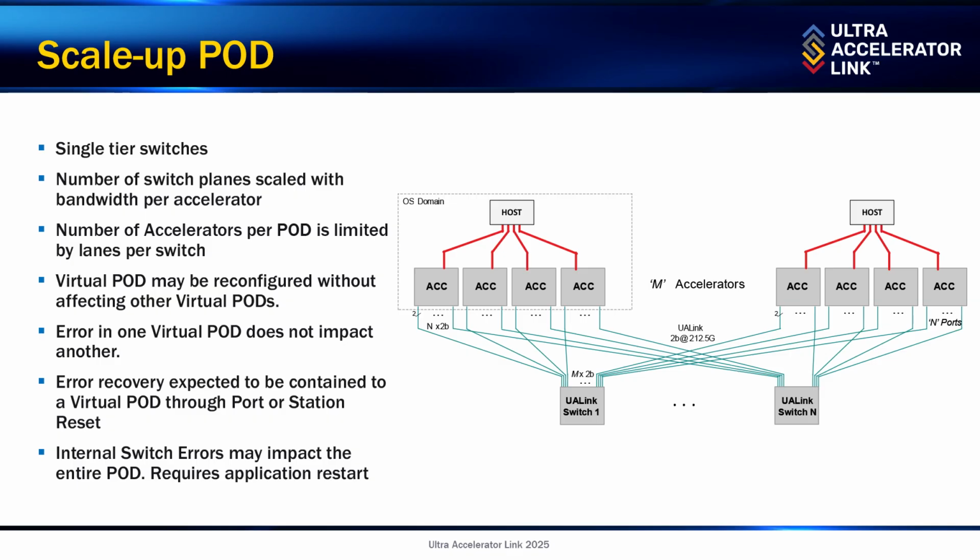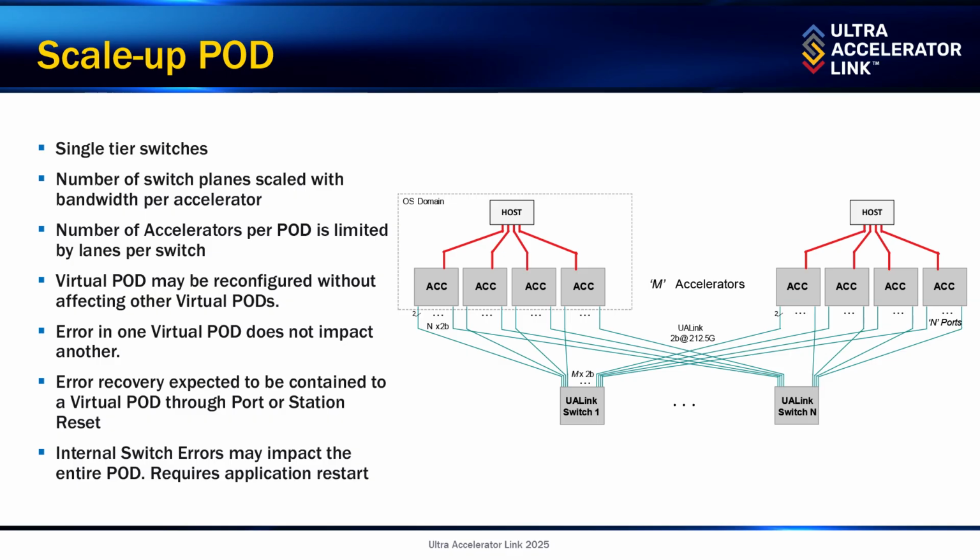All right. You can take this system and break it into virtual pods. You can take some number of accelerators and isolate them off by themselves as a virtual pod, and that keeps anybody else from talking to them. Routing tables and protections in the switch isolate the virtual pod to itself. And once you've done that, errors in a virtual pod are designed to not impact the other pods.